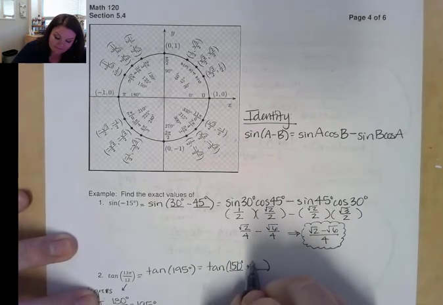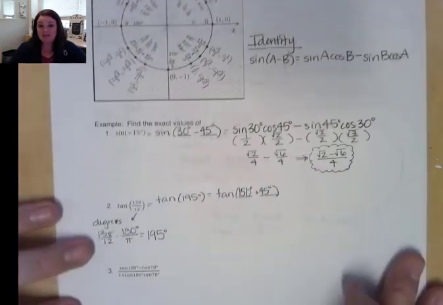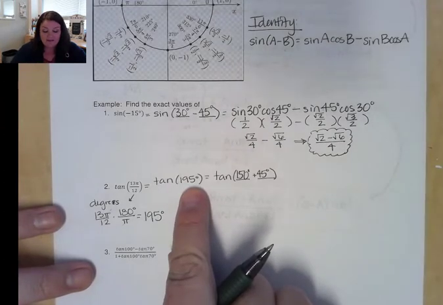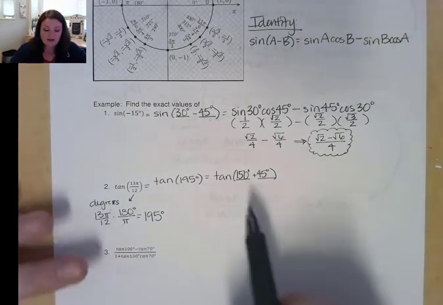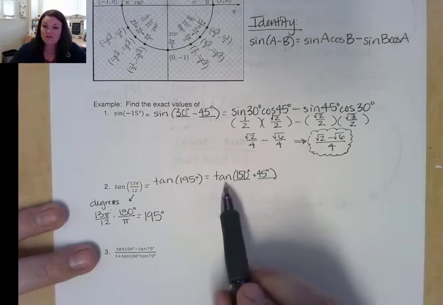and 45. Okay. Now again, you may have been able to come up with a different pairing of numbers that add up to 195, or you may have found something bigger that you could have subtracted to get 195. So again, there's many ways to do these. I chose to do an addition. So I need the addition formula for tangent.